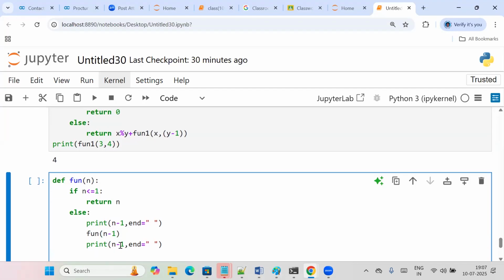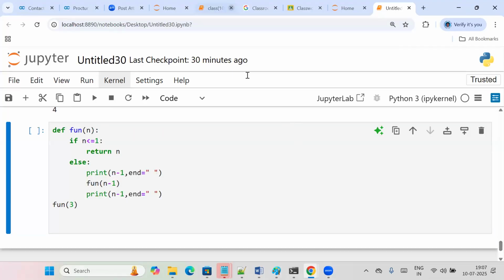Okay, guys, think about this one. What will be the answer? Guys, 3 mod 0 is undefined.